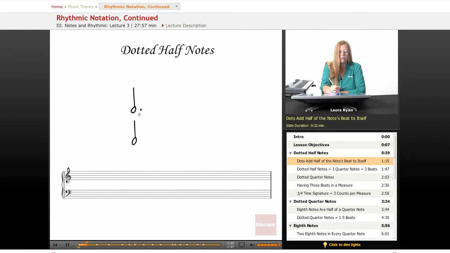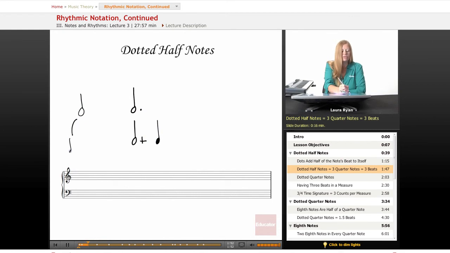So essentially the dot is like a shorthand, like a symbol. It means this. In this case, we are adding the length of one quarter note to this half note because half of a half note is 2 quarter notes, right?